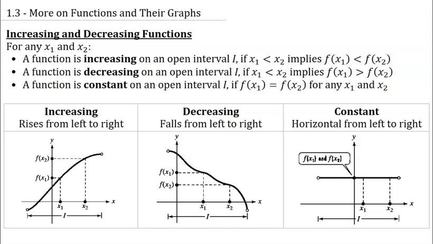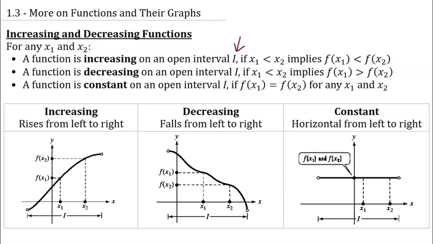Okay, so first of all, to determine if a function is increasing or decreasing over an interval, we look at the relationship between any 2 points that are on that interval. So we're using a capital I here for interval, and this says if x1 is less than x2, this implies f of x1 is less than f of x2.